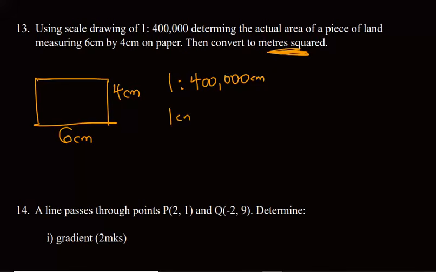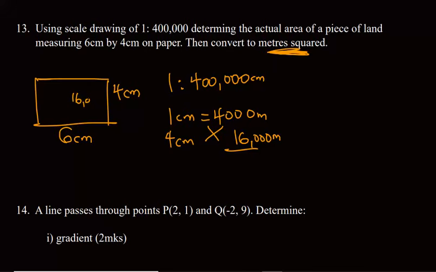So 1 centimeter represent, we remove 2 zeros, so it will be 4,000 meters. We now use this. What about 4 centimeter? So 4 times 4,000 is 16,000 meters.